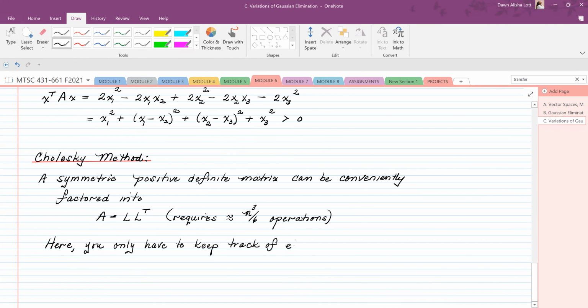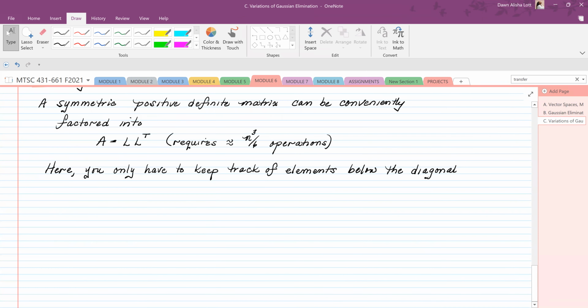That's what I meant to say. And if you can factor A into L L transpose, then you can solve any system AX equals B.